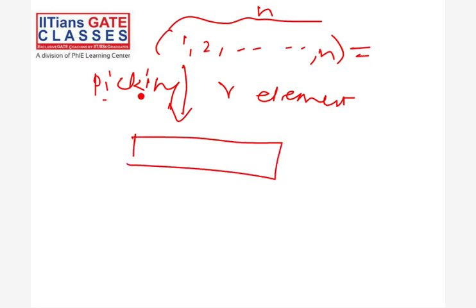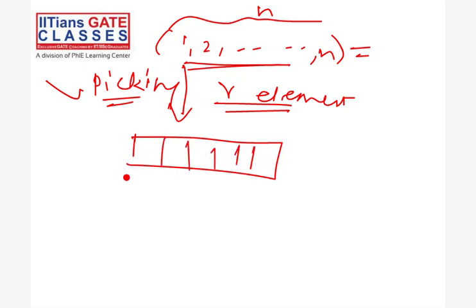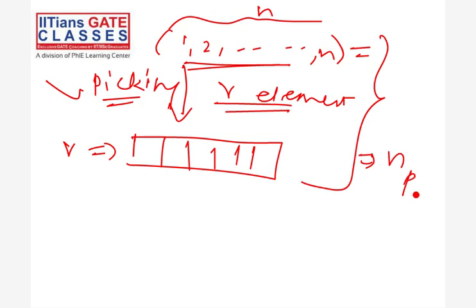So this is our first step: picking r elements from this set of n elements, and then arranging those r elements. The final answer was nPr. We have already discussed this in the previous lecture, because to fill the first position we have n choices, to fill the next position we have n minus 1 choices, and so on.